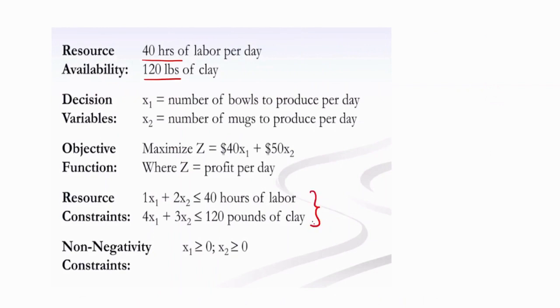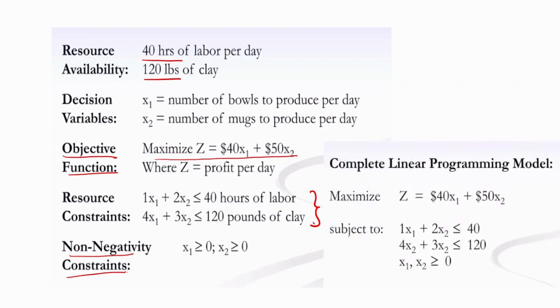You can see here, this is our objective function: maximize Z equals 40x1 plus 50x2. The constraints are these. The non-negativity constraints are very important: x must be greater than or equal to 0 because these are the number of products. They can't be less than 0. So this is our linear programming problem.